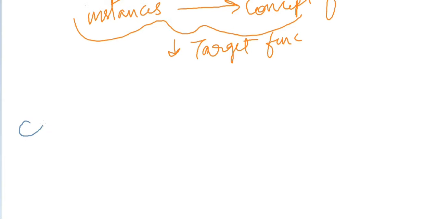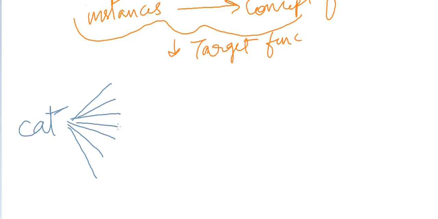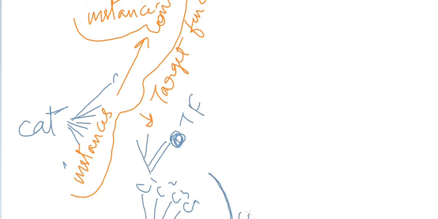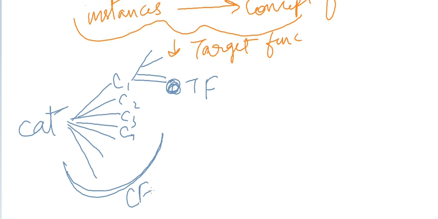Like you spoke cat, so it's going to search its neural networks and find the various species of cats all over the world. Suppose country 1, country 2, country 3, country 4, and the cats there too. So that's all about this concept function. Suppose you need this cat, right? So this is going to be your target function, and the whole of this is going to be your concept. So your target concept is the final answer actually, right?